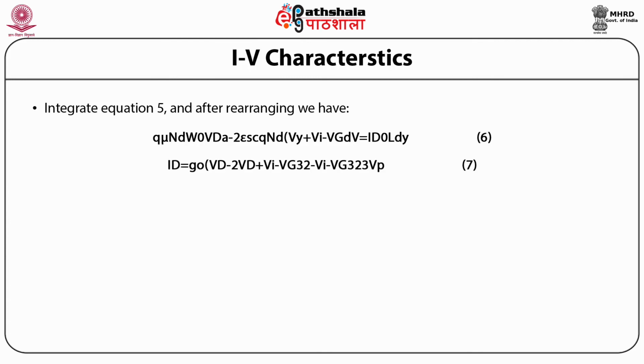So Id is equal to G naught multiplied by Vd minus numerator 2 Vd plus Vi minus Vg to the power 3 by 2 minus Vi minus Vg to the power 3 by 2 divided by 3 root of Vp, where G naught equal to Q mu Nd W A divided by L and Vp equal to Qnd A square by 2 epsilon Sc.